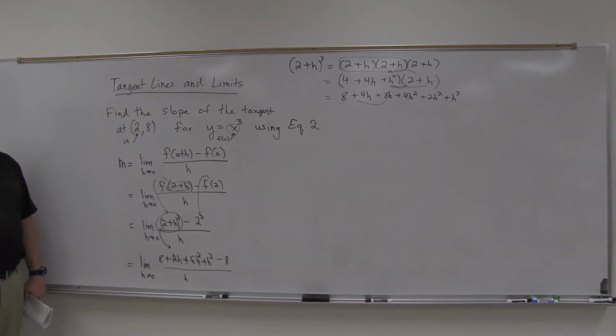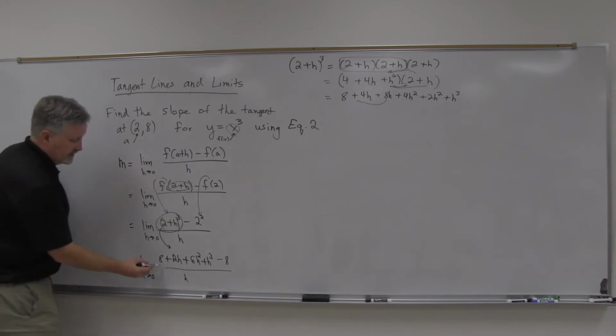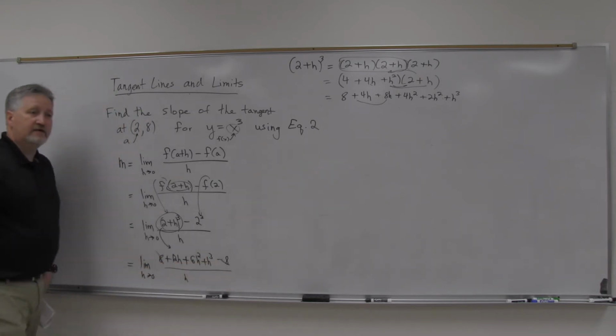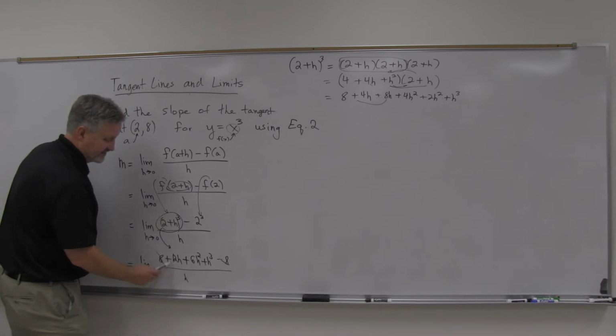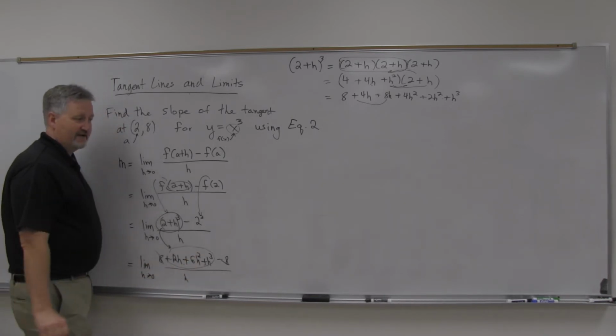Okay? One way to go there. Now, the reason we do that is because the 8's go out very nicely there. 8 minus 8, so those are gone. Now what's left? Well, now you got this, which just so happens they all have h in them.